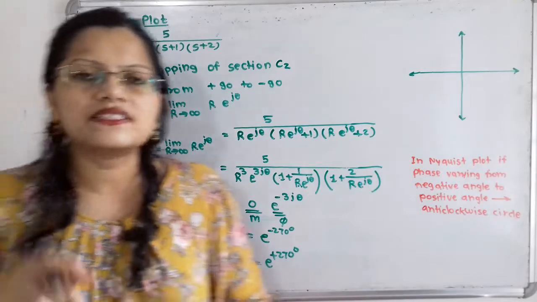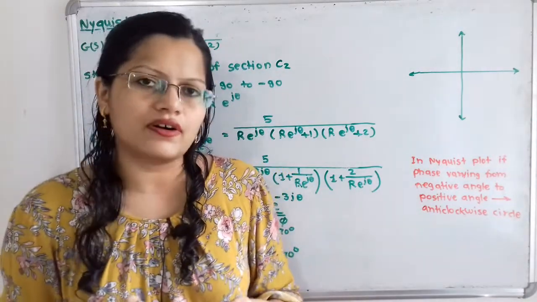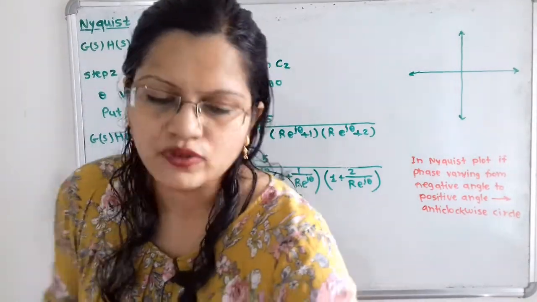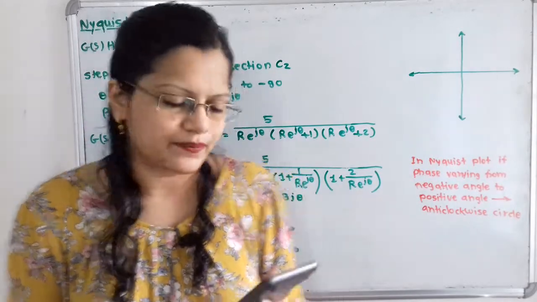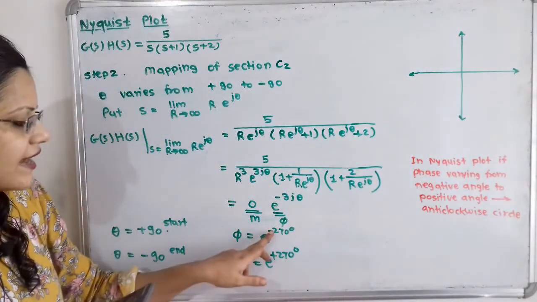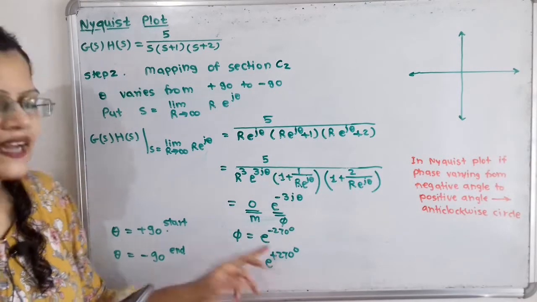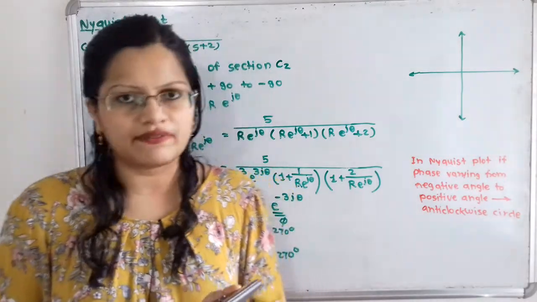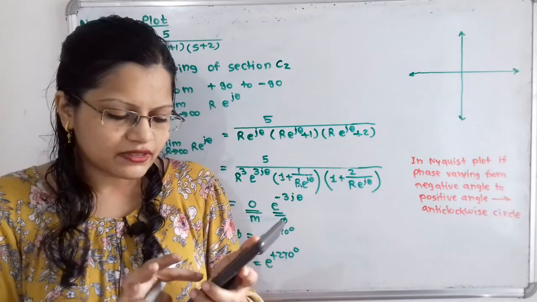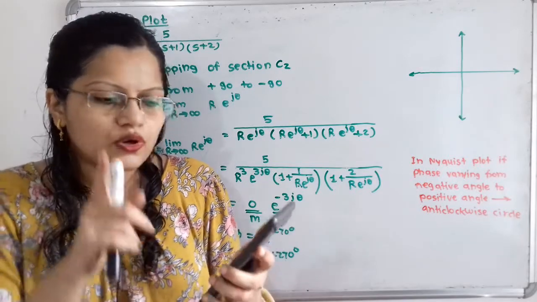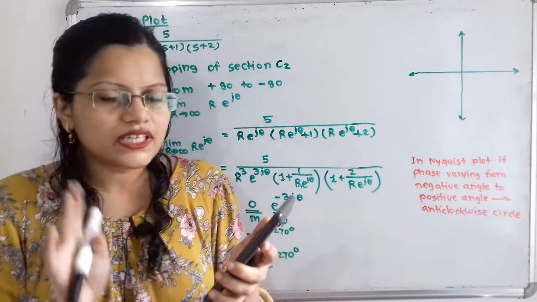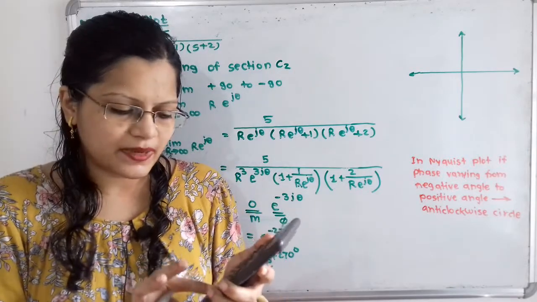So how many circles are getting covered? For one circle, the total angle is 360 degree. Here it is starting from minus 270 and ends at 270, so I will take 270 plus 270. So total angle covered is 540 divided by 360.